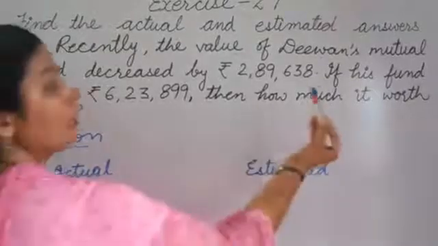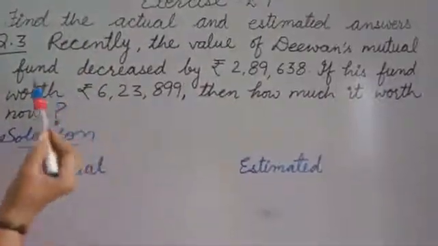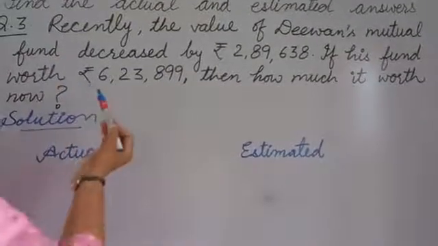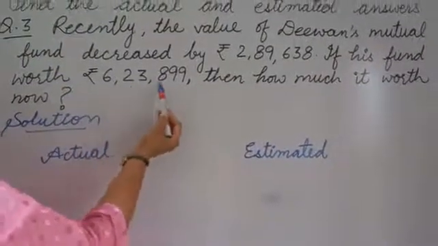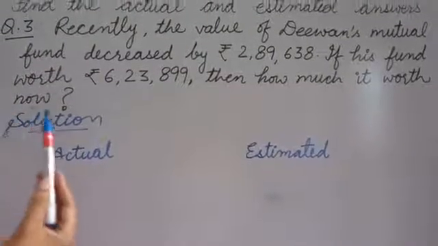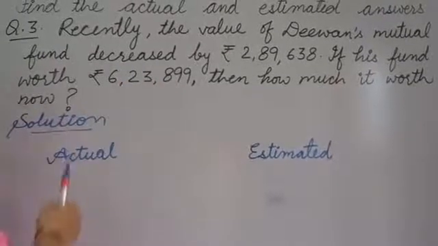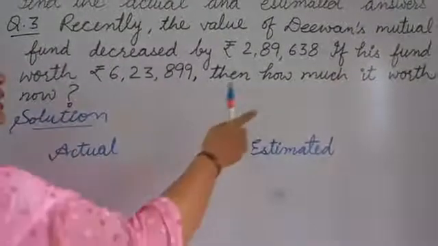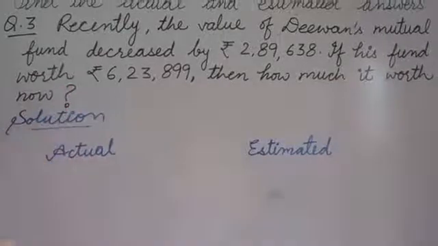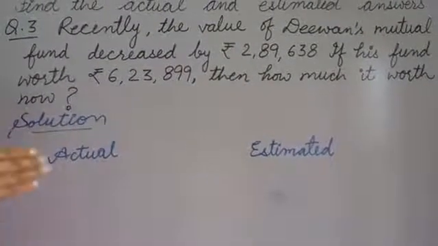Okay, if his fund worth, अगर उसकी जो फंड की वर्थ मीन्स वैल्यू ₹6,23,899, अगर उसकी जो फंड की वैल्यू थी पहले जो वैल्यू थी वो 6,23,899 थी, then how much is it worth now. तो अब उसकी कितनी हो गई? Because that is decrease. So decrease means अब कम हो गई उसकी.